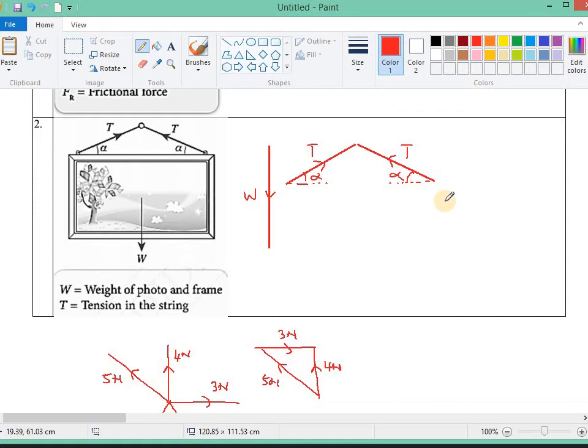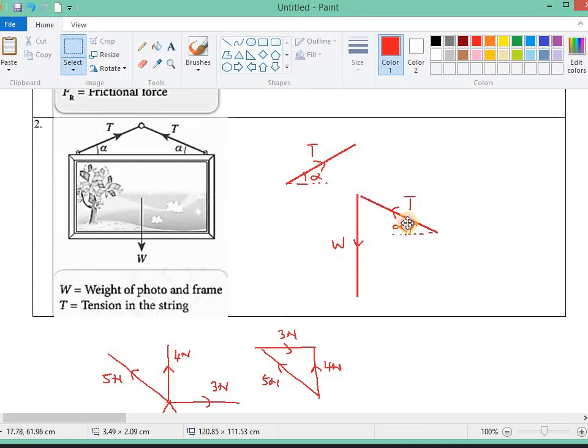So we move these three lines. Let's say I put this one over here, and then I move this one over here, and this one over here.